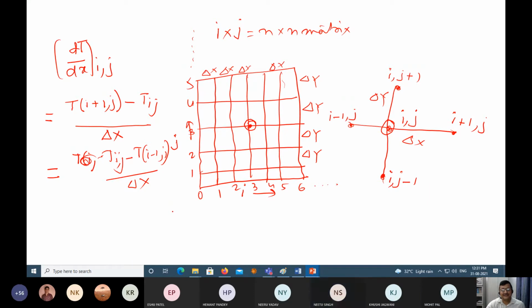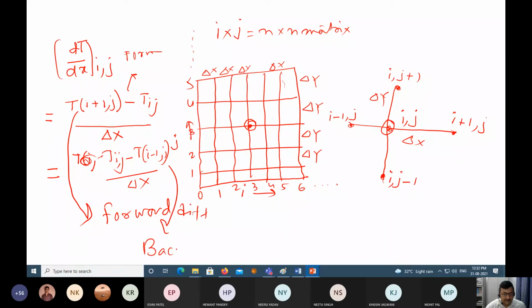Correct. So this particular thing is called the forward difference, whereas this particular thing is called the backward difference.